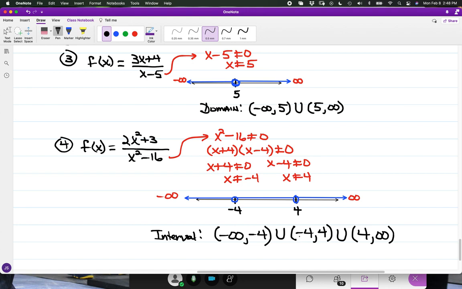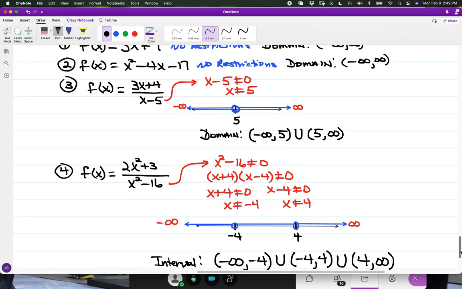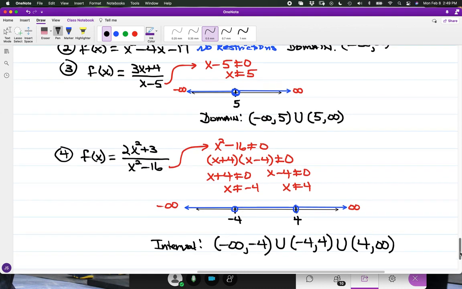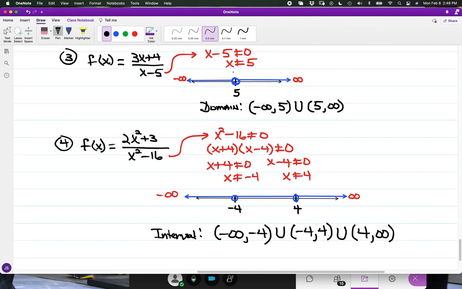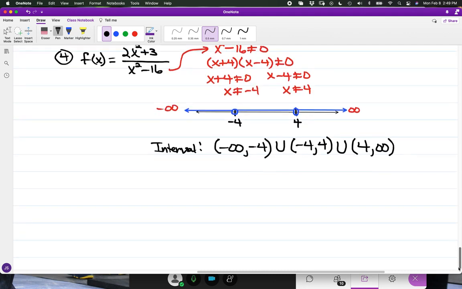Had I ended up with a third exclusion, say if x could not be negative 4 or 0 or 4, then I would have had 4 subinterval sections. So you do have potential exclusions in the domain if your function happens to be a fraction and you have restricted values that would otherwise create a 0 denominator in the ratio.